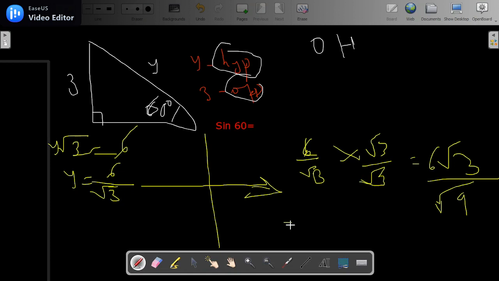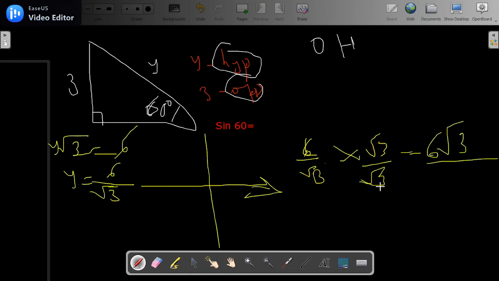So from here, when we rationalize 6 over root 3 multiplied by root 3 over root 3, sorry, that's not what I intended. So let's proceed. We have 6 root 3 over root 3 times root 3, we get what? Root 9. 3 times 3, which is 9.